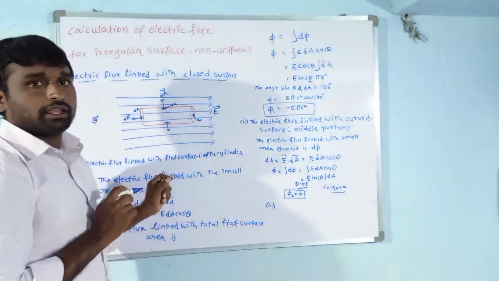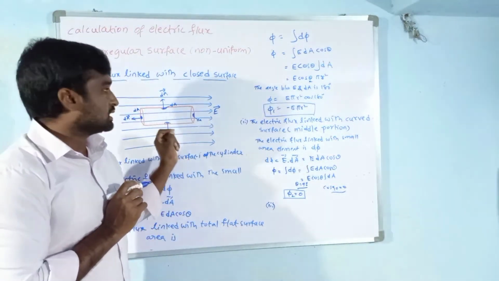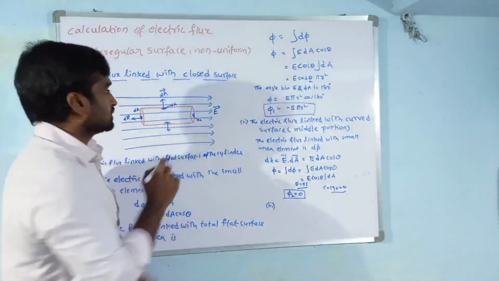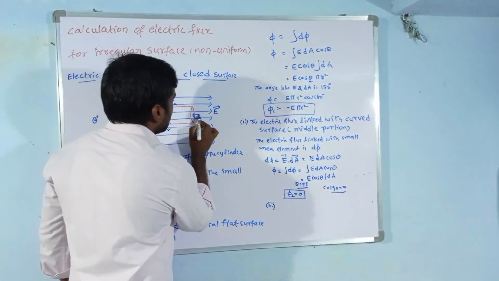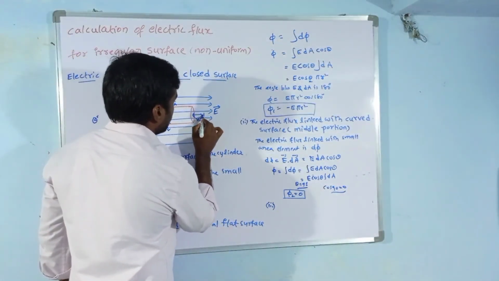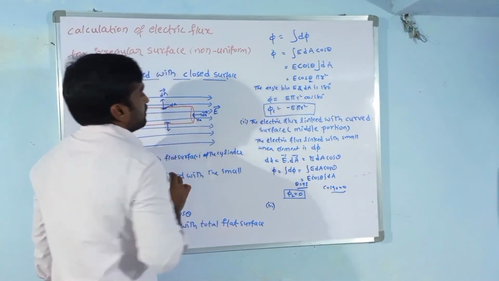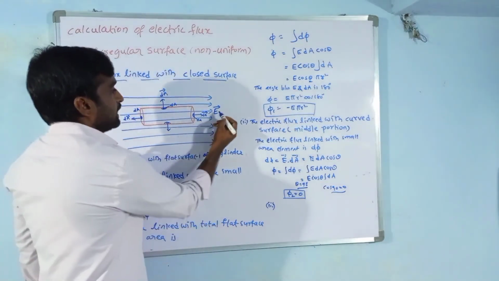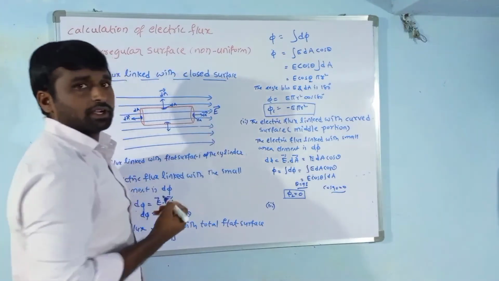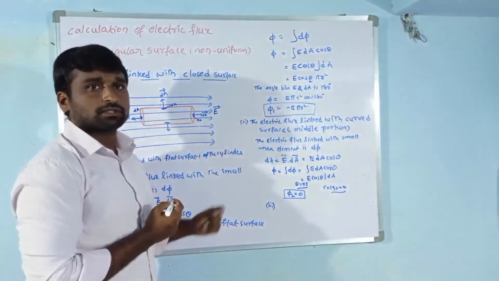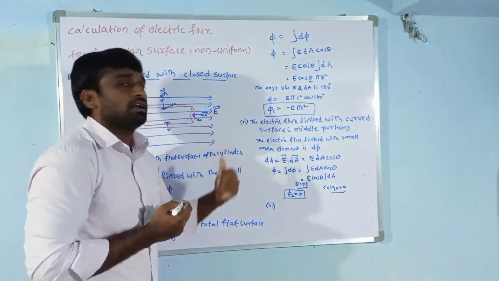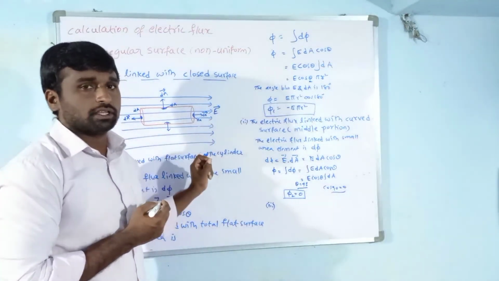Area is a vector quantity, and its direction is normally outwards. So this is the direction of the area vector. Now what is the direction of the electric field and the area vector? Both are in the same direction. That's why the angle between the electric field and the area vector is 0 degrees.